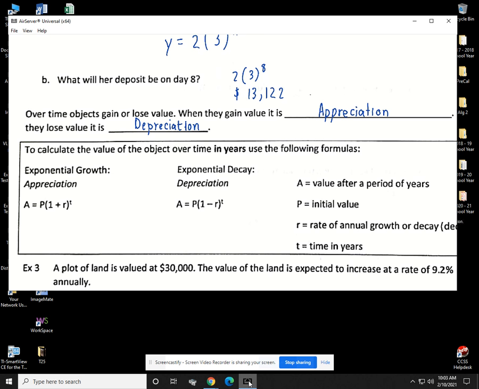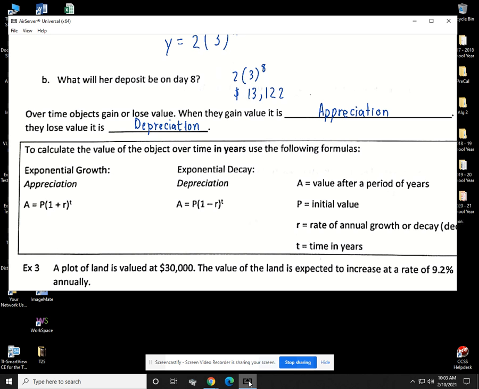In both, the base of my exponent is either 1 plus r or 1 minus r. Greater than 1, it grows. Less than 1, it decays. Appreciation ends up being 1 plus r, which puts it above 1, where depreciation is 1 minus r, which puts it below 1. That should make sense.